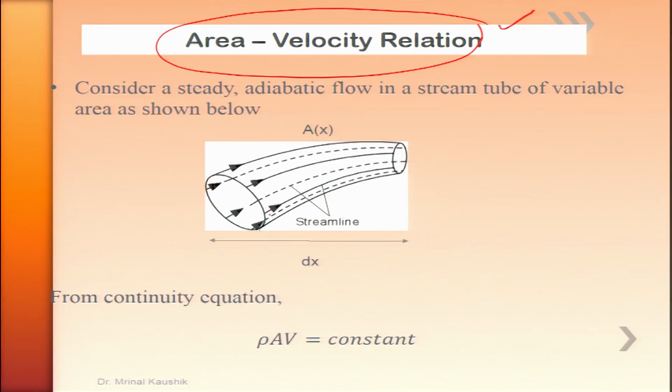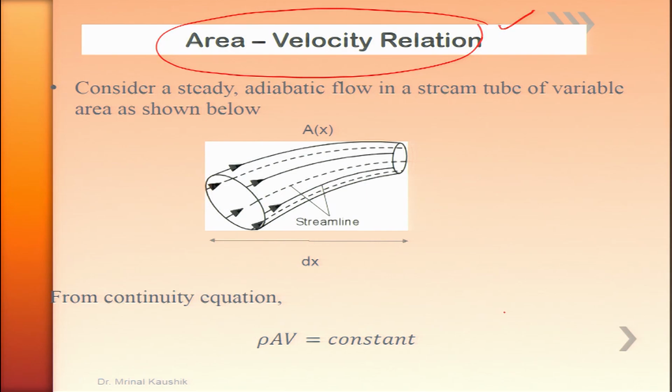However, you are not zeroing the spatial distribution, that is, the spatial gradients of the properties are still possible. That means the area is still changing under the steady case.